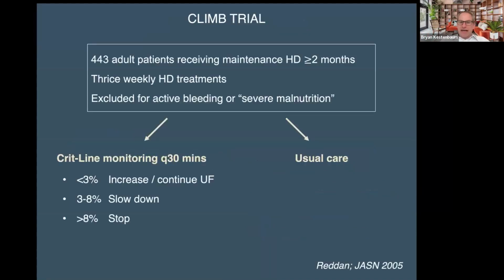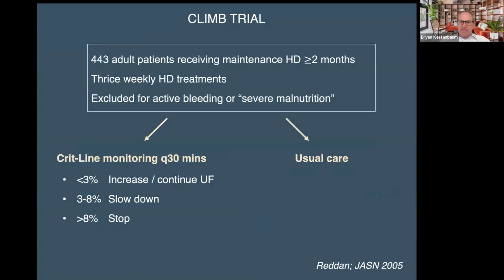Okay, so since that time, dialysis became very protocolized, 3 times a week, rigid, and tied to funding. And so subsequent studies really focused on how can I reduce dry weight within the context of this regimented dialysis treatment. This is the first one.